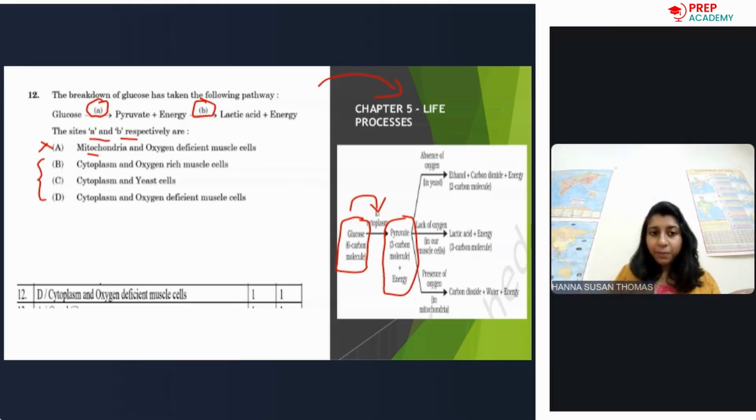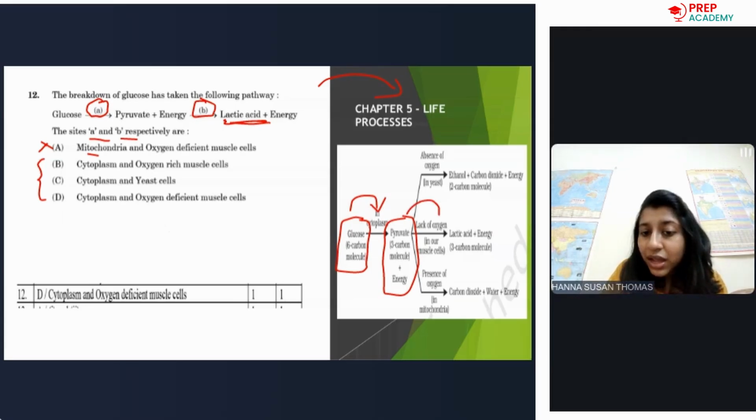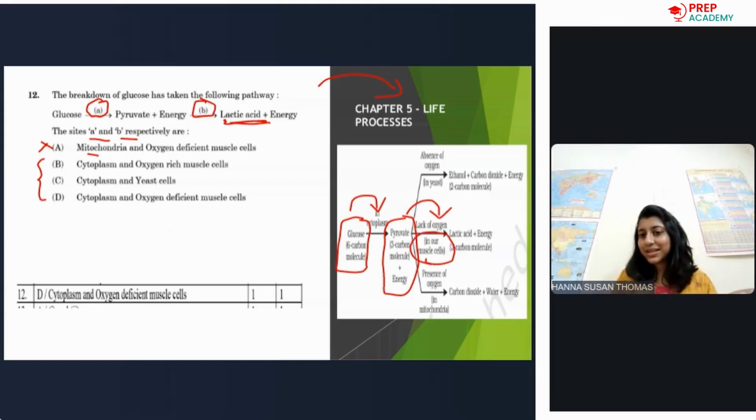That's one catch. But in your question itself, it's asking about pyruvate converting into lactic acid plus energy, and that only happens under lack of oxygen, in our muscle cells.